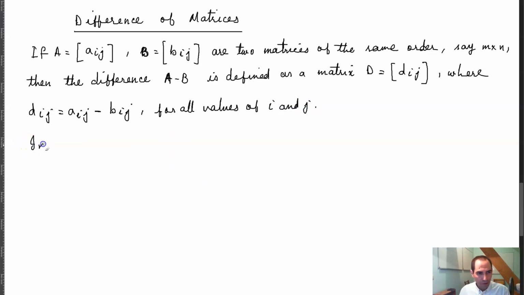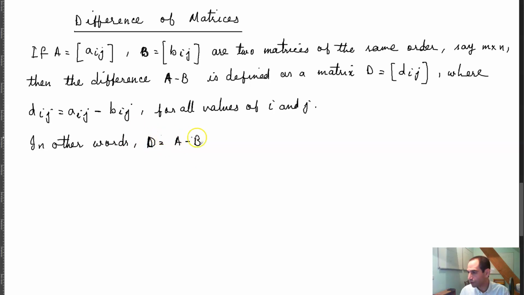In other words, D is equal to A minus B, and these are all matrices, of course.